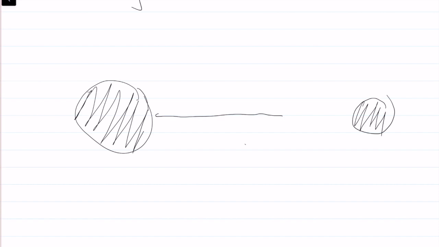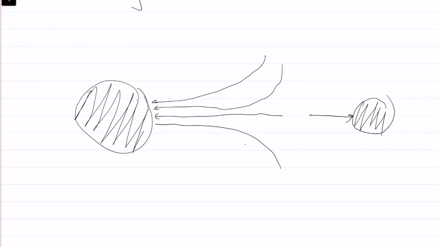So I'm going to draw some lines. Later on we will find out that the strength of the force is dependent on the mass. The larger the mass, the stronger the force.